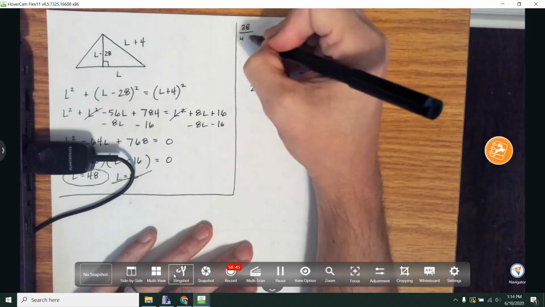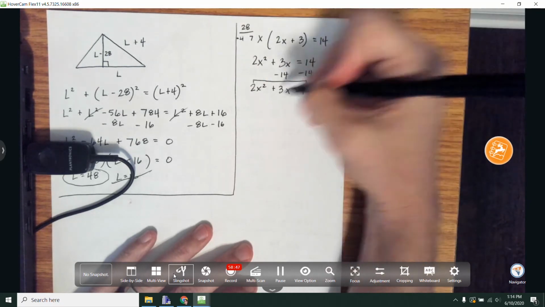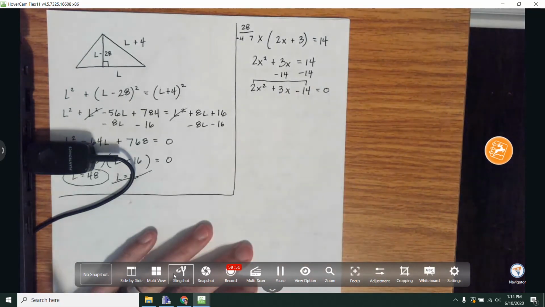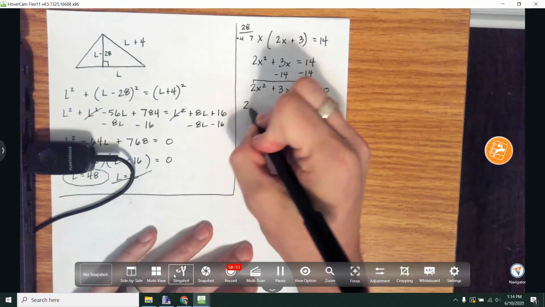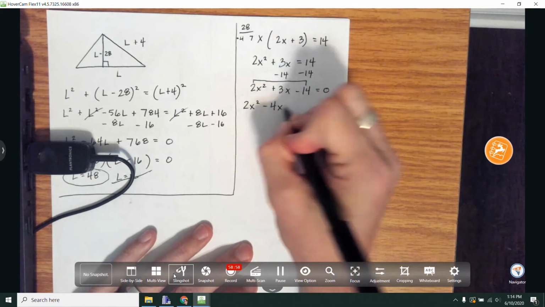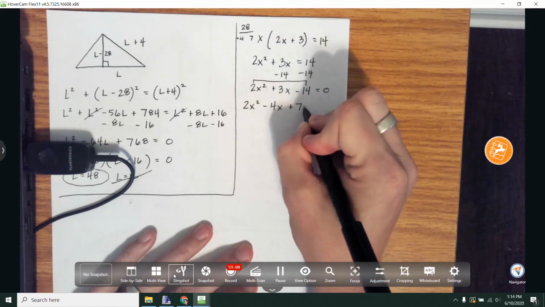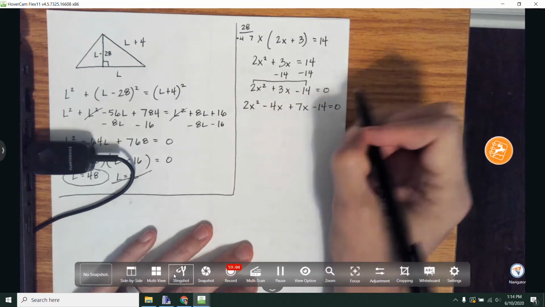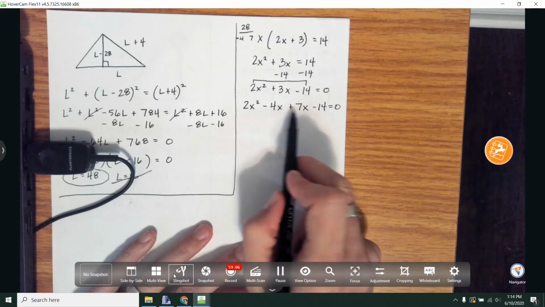And we want this 4 to be our negative since we got a positive 3. Our positive is always bigger if that one is a positive. So we're going to have 2x squared minus 4x plus 7x minus 14 equals 0. All I did was just use that with the x.